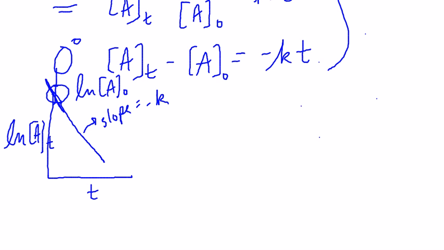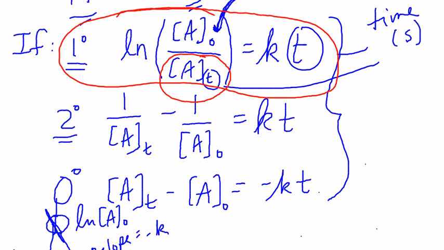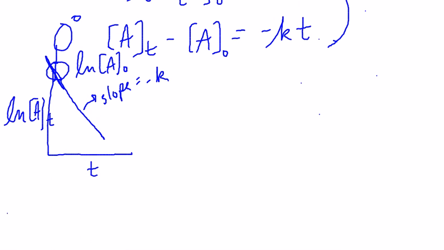The reason this is true is if we expand the expression as it's written above, what we find is ln of A naught divided by A at time t.